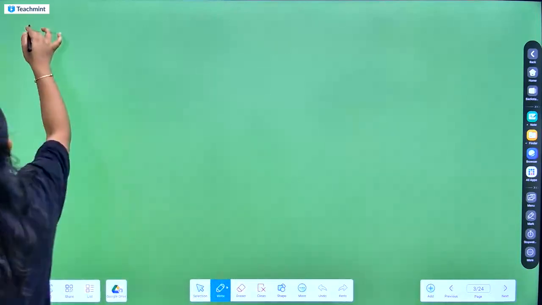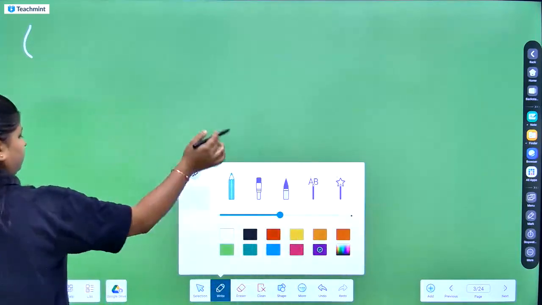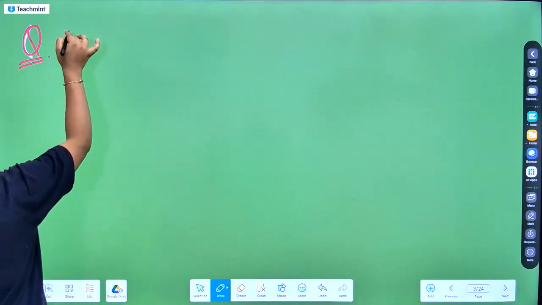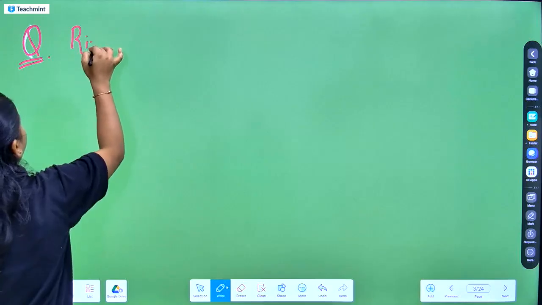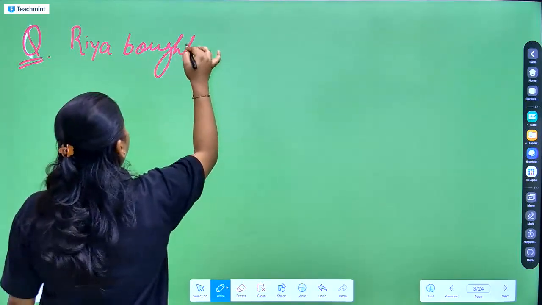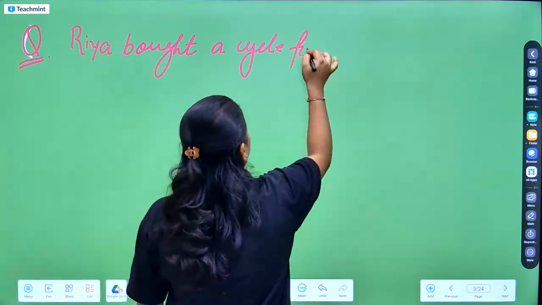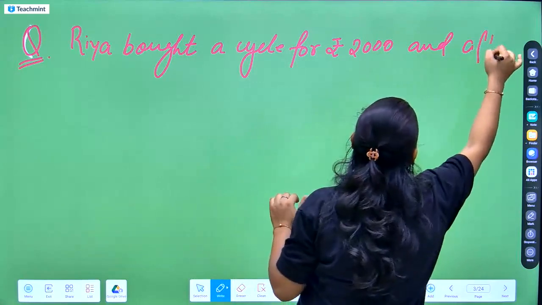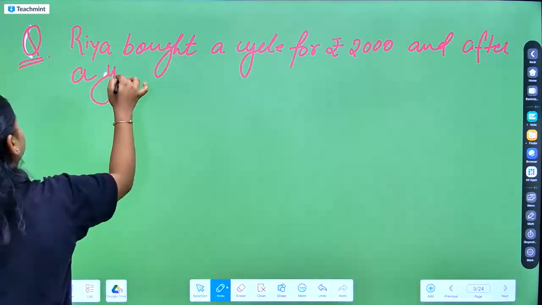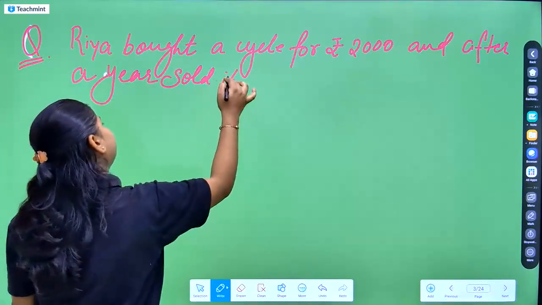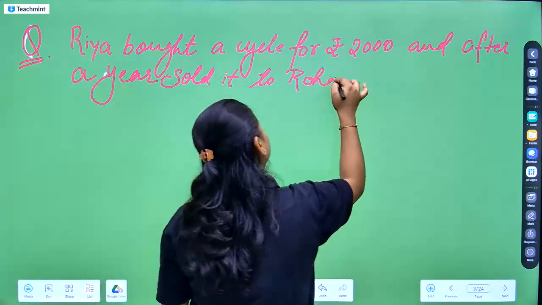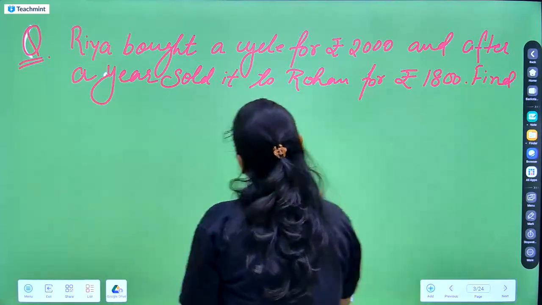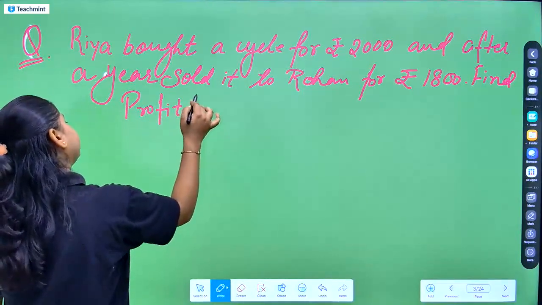For example, suppose I tell you that Ria bought a cycle for rupees 2000 and after a year sold it to Rohan for rupees 1800. Find profit or loss.